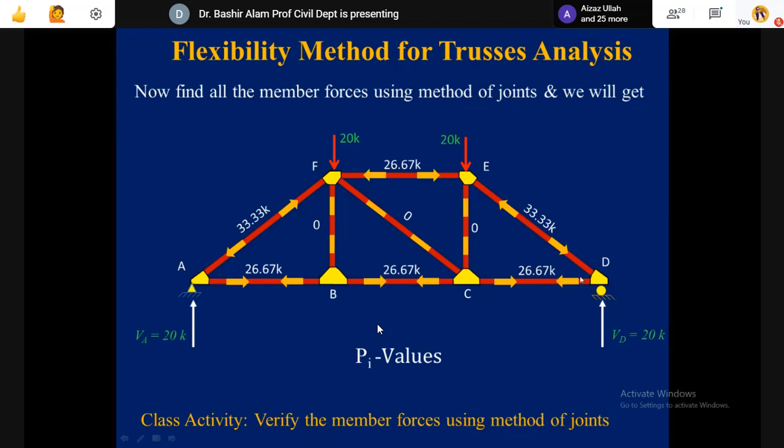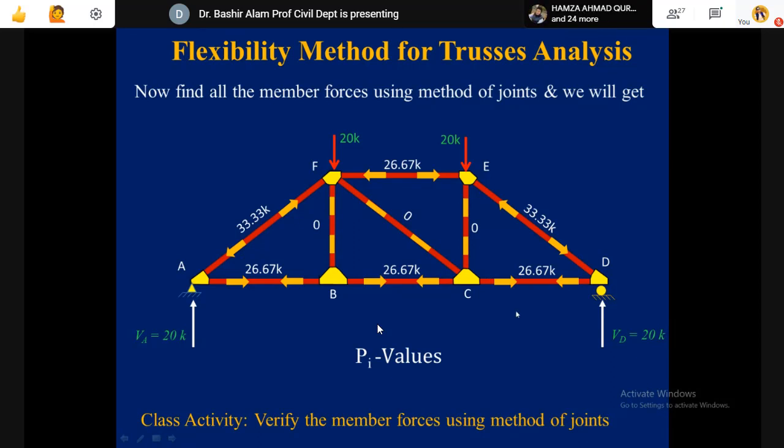So what I do, I ignore this joint C for now and go to D. I already did the same operation for A, so again the same thing. DE member is coming in compression and it is 33.33, and DC is coming 26.67.